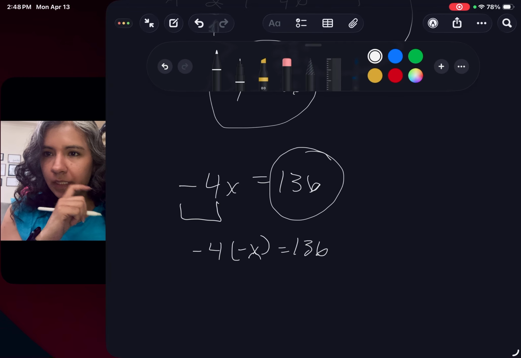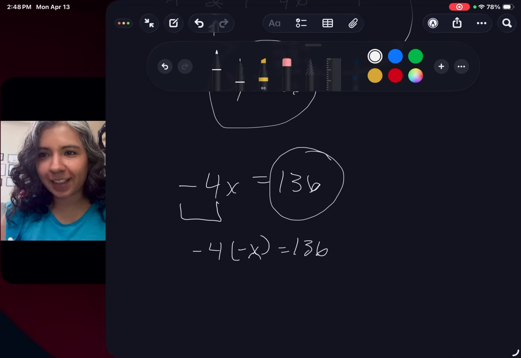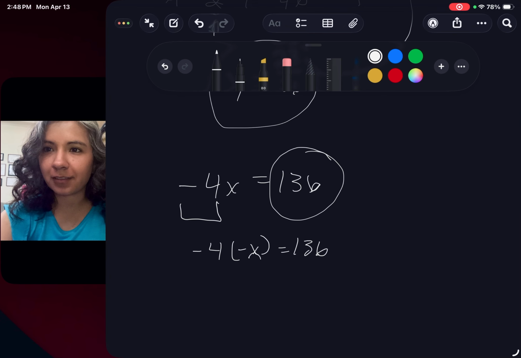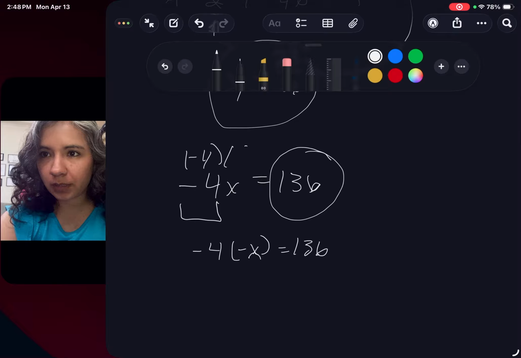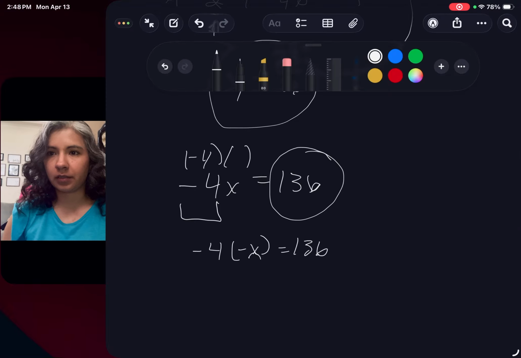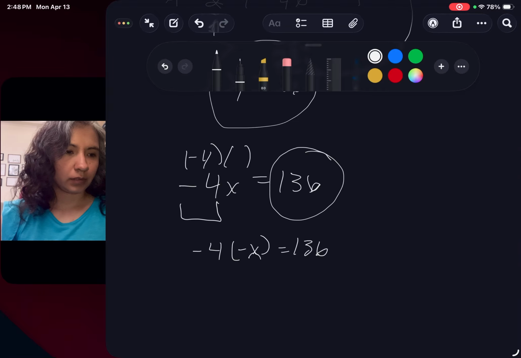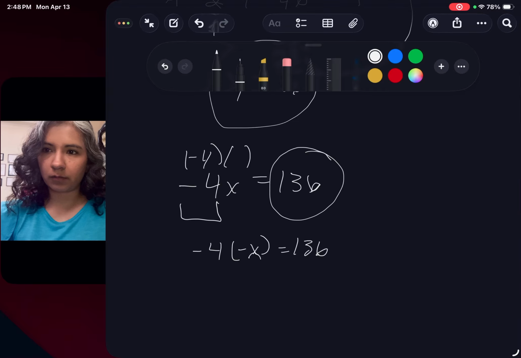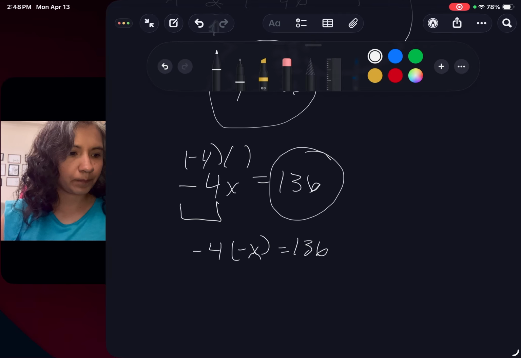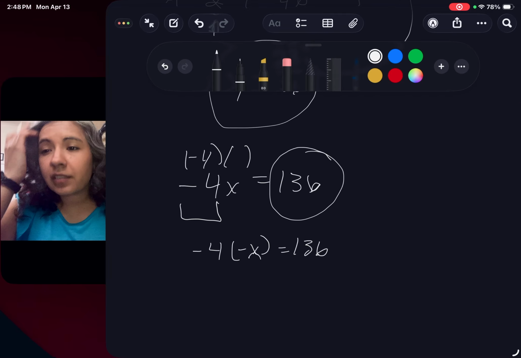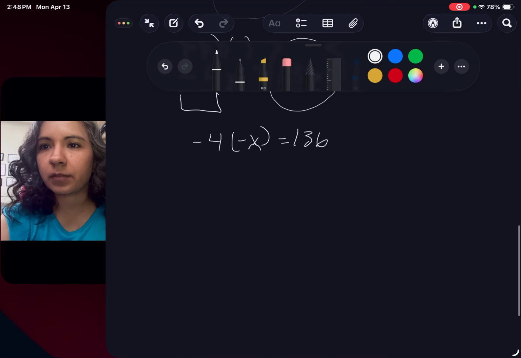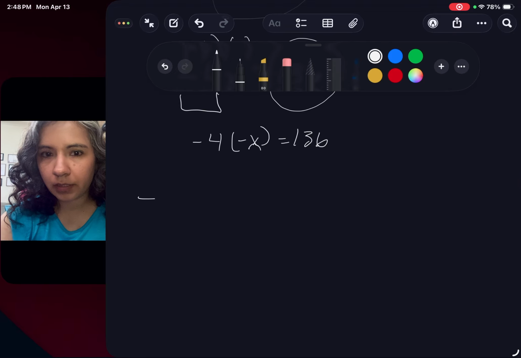Oh yeah. Earlier I said that x needs to be positive. That's not correct. The same sign for negative would be a negative number here, which is 4 times another negative number here to make our positive 136. So let's go ahead and figure out what x is. There are two ways we can break up this equation. Let me rewrite it.